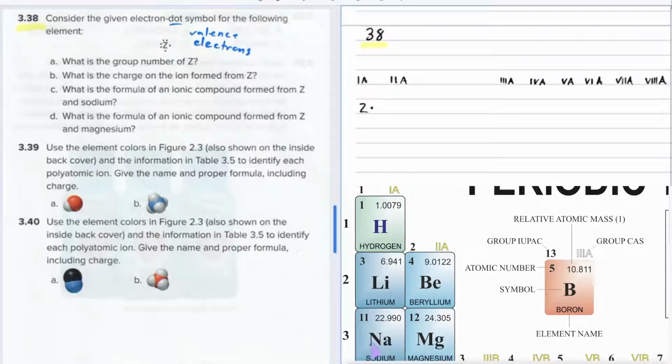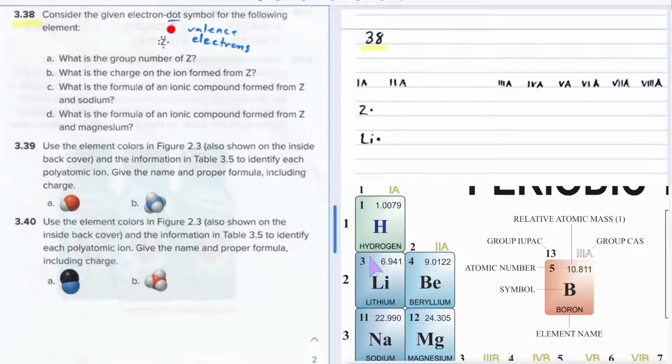An example would be lithium. Lithium has 1 dot. Or you could write it for sodium. Sodium gets 1 dot. Now I know lithium has 3 electrons, but only one of them is an outer or valence electron.